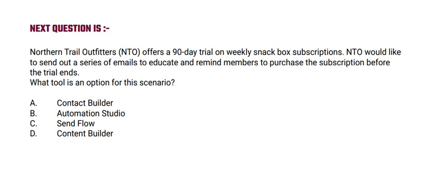Options are Option A, Contact Builder. Option B, Automation Studio. Option C, Send Flow. And option D, Content Builder. The correct option is option B.